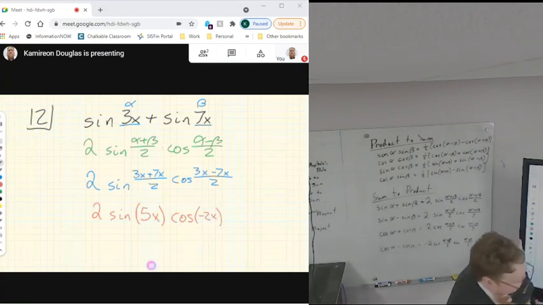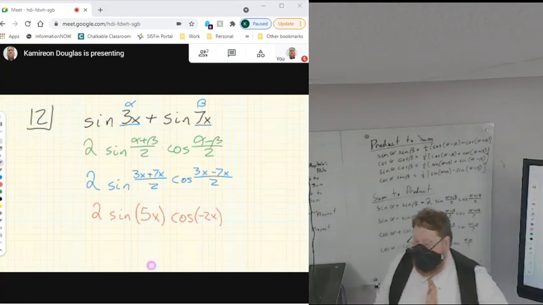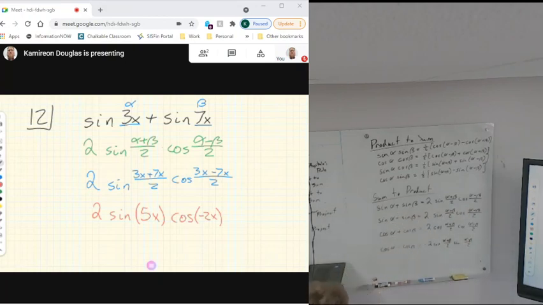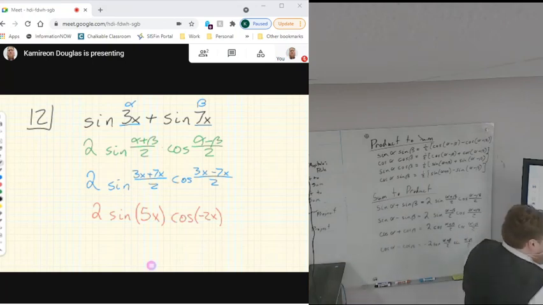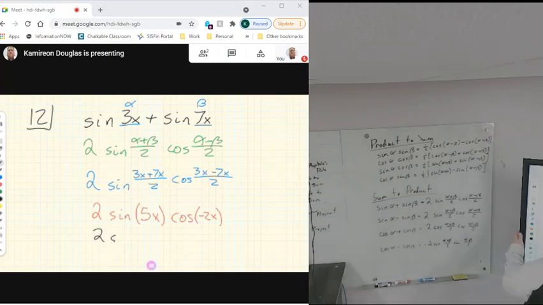Now, this is a product, but it is not a simplified product, so I'm going to take one more step. You have a negative inside of a cosine function. Even-odd rules apply. What happens to that negative? It goes away. Remember, cosine and secant are the two where negatives inside have no effect on the problem, so they just go away.